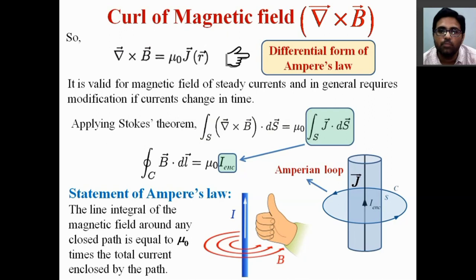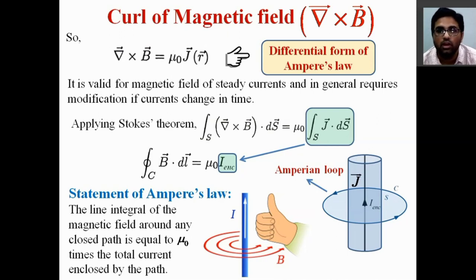Okay, so what is the importance of this Ampere's circuital law? It basically allows us to determine magnetic field in a very simple way for currents having special symmetry, where it is possible to find a closed path over which magnetic field is constant in magnitude.